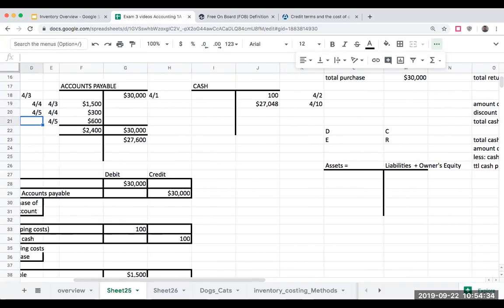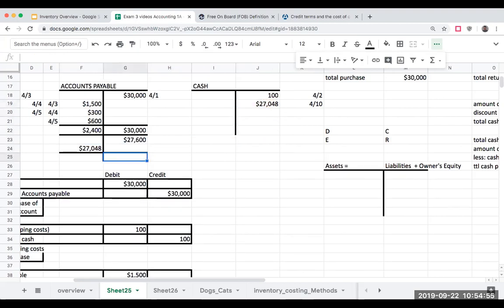Once I pay this, and if I'm paying within the discount period, do I still owe anything to the company, right? So if I credited cash and I debited accounts payable for that same amount, I would still have a balance of 552, which is not right.